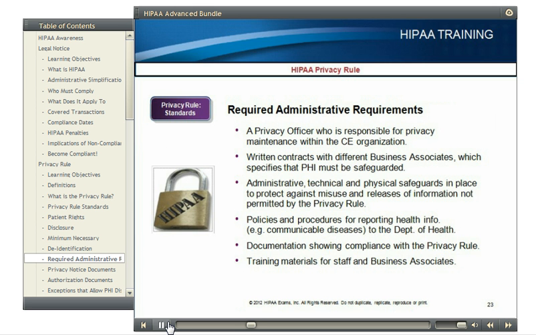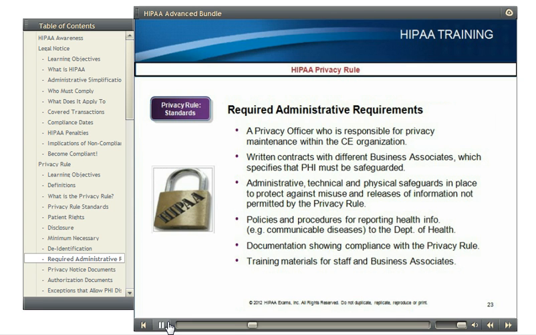Required administrative requirements. A privacy officer who is responsible for privacy maintenance within the CE organization. Written contracts with different business associates, which specify that PHI must be safeguarded. Administrative, technical, and physical safeguards in place to protect against misuse and releases of information not permitted by the privacy rule.